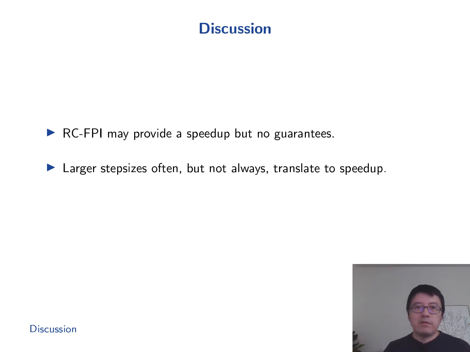The ability to use larger step sizes for different blocks often, though not always, translates to a speedup. There are cases where the step size limitation causes the bottleneck of the algorithm, therefore alleviating the bottleneck leads to a speedup. In some cases, there is even theoretical support for this observation.